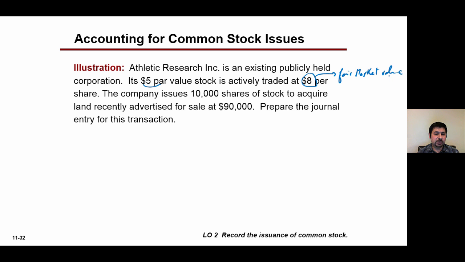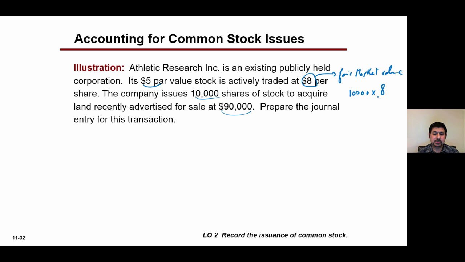So the company issues 10,000 shares of stock to acquire land recently advertised for sale at 90,000. The company is buying a land by issuing stocks. We have two values: the advertised amount of 90,000, and 10,000 shares multiplied by $8.